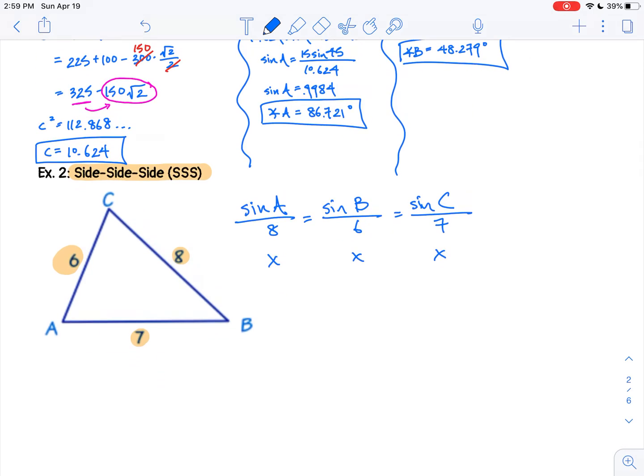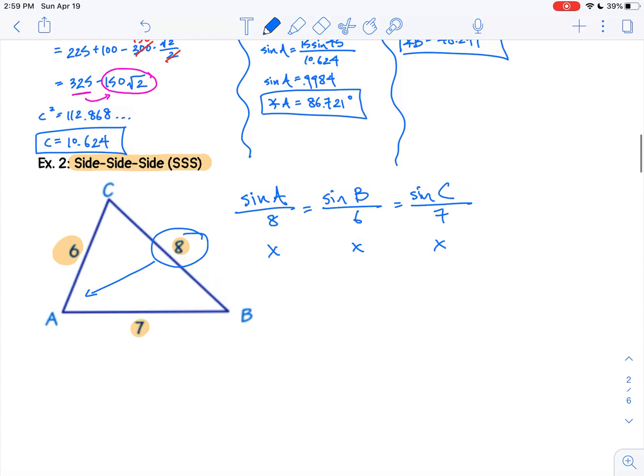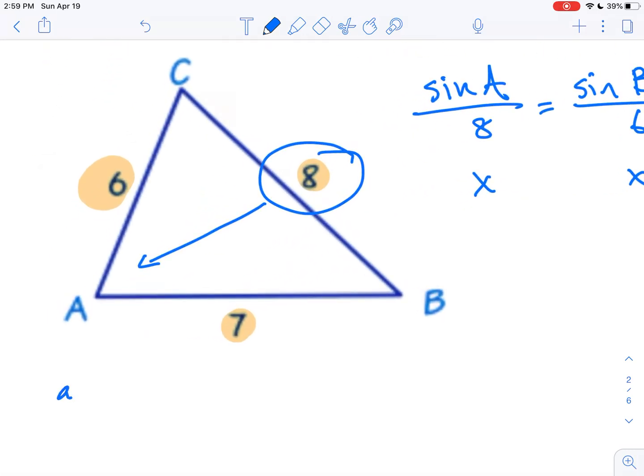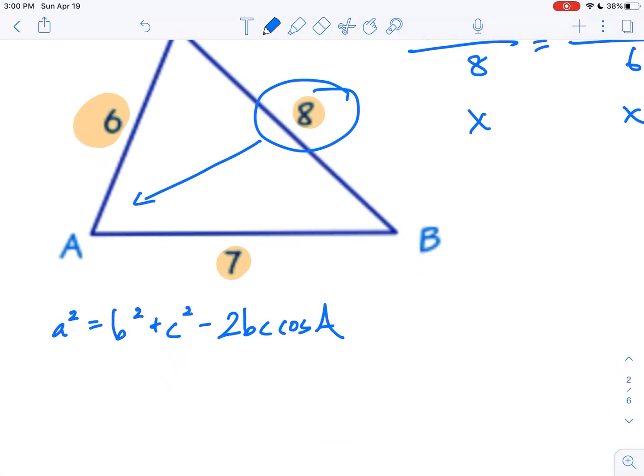But we're going to go ahead and use law of cosines, and we're going to find the biggest angle, which is the angle across from the biggest side. So I've got a squared equals b squared plus c squared minus 2bc cosine A. And now I'm going to fill in my numbers.